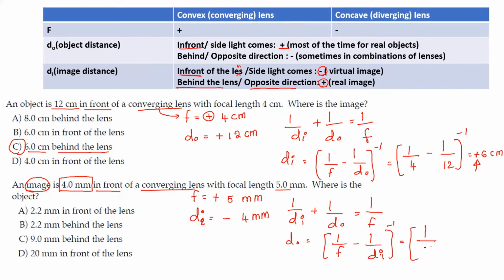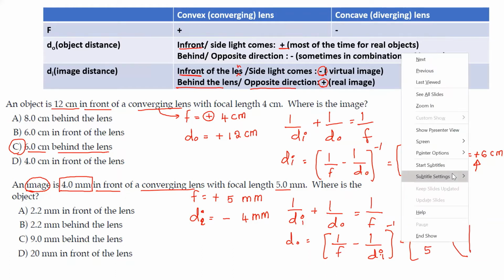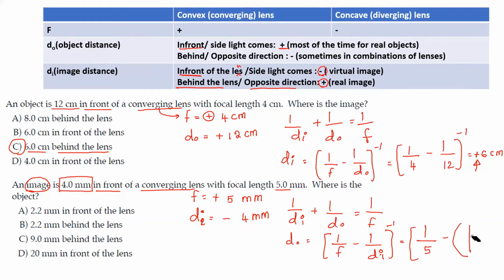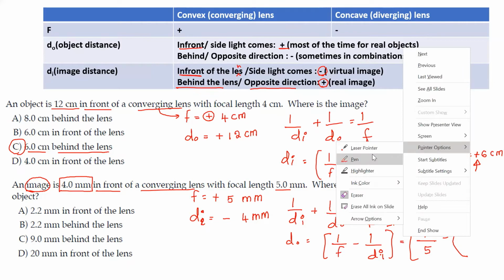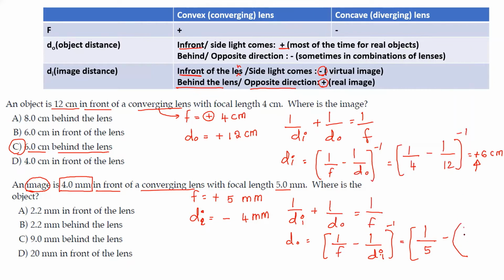F is 5 minus Di is also negative, right? Negative 4. So negative negative becomes positive. So what you really have to do is add 1 over 5 plus 1 over 4, then the inverse.